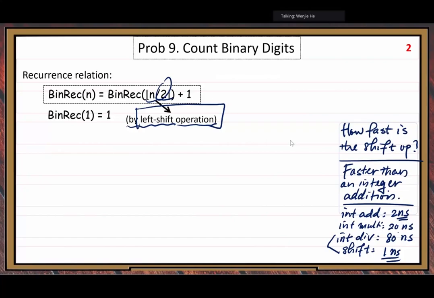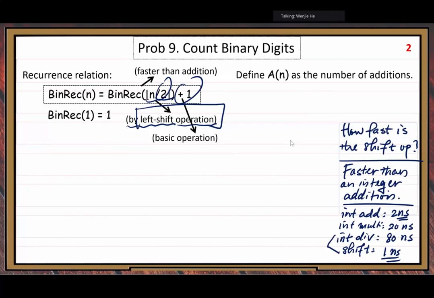So now, here we count the number of additions, because every time we change the problem size, we do 1 addition. We add 1, right? So we count that. Define a simpler version of the function, a of n, as the number of additions.